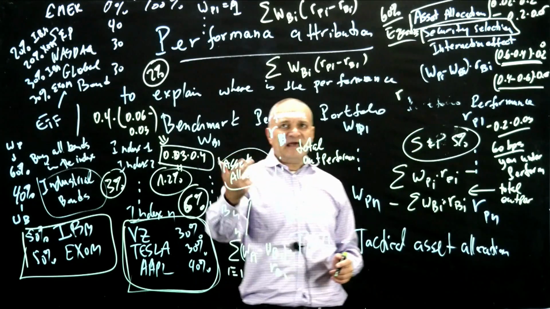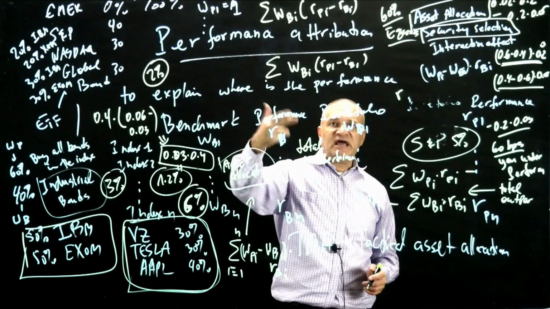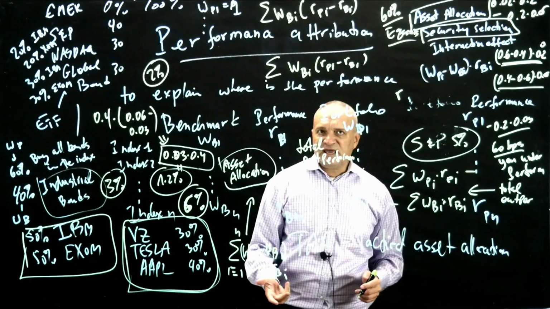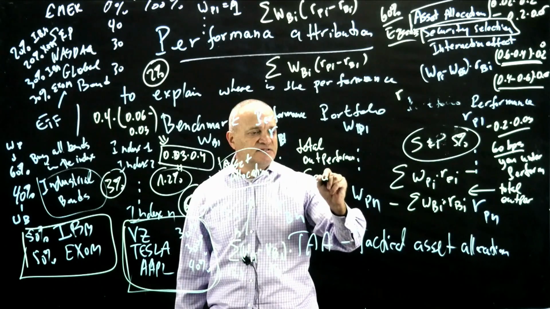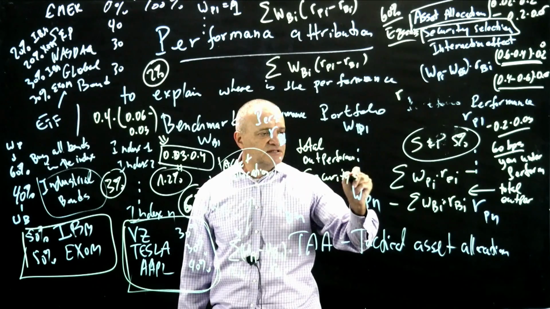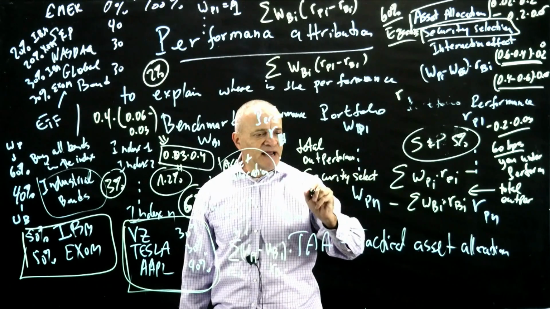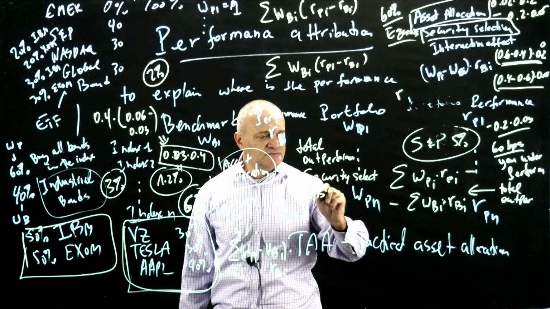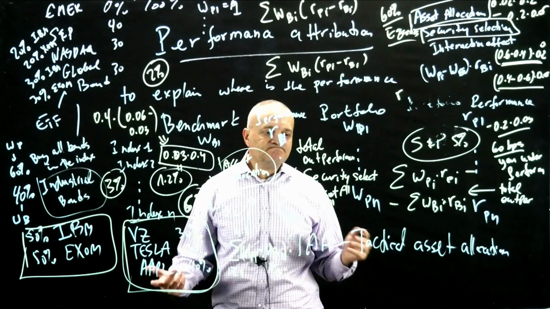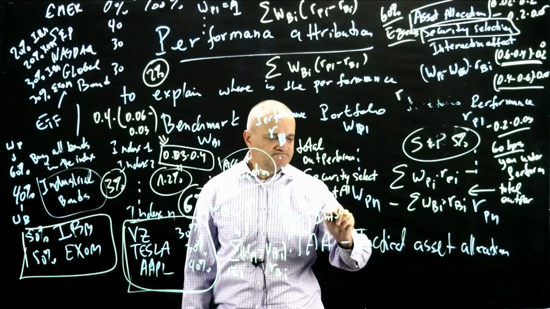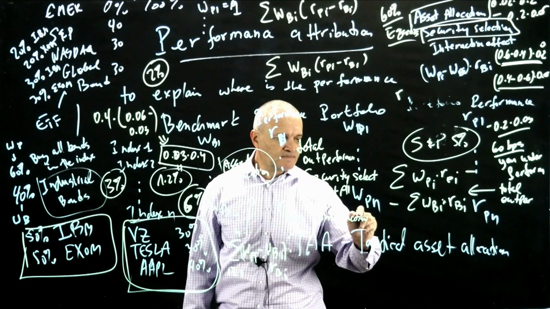And then the total outperformance minus security selection and minus asset allocation is going to be called the interaction effect.